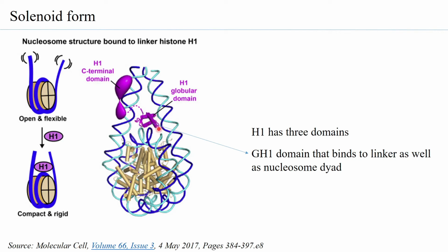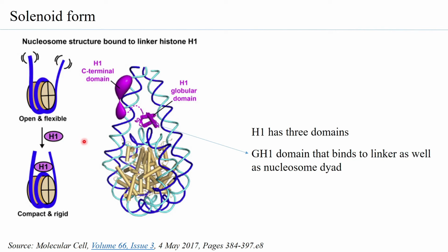So this domain of the H1 is able to link all the three parts, that is the linker DNA parts which are coming in and out, and also the nucleosome dyad. So this is how it becomes. When it becomes this, you can see how the structure becomes more compact and rigid. But when you don't have the histone, you can see how it opens up and therefore it becomes more flexible.